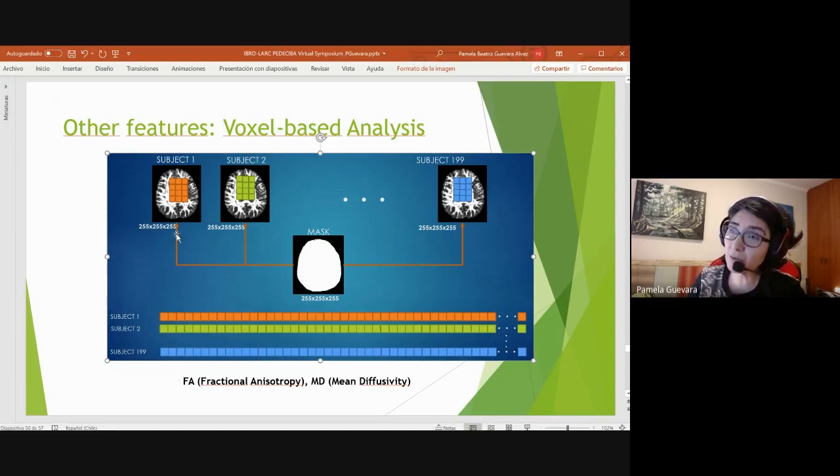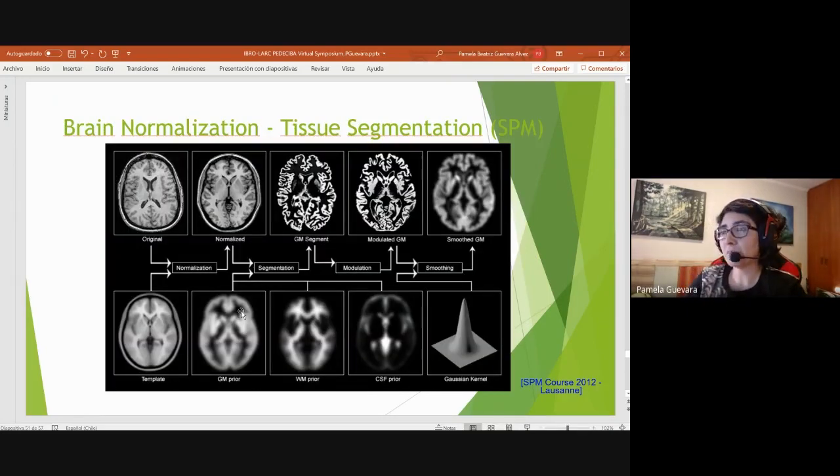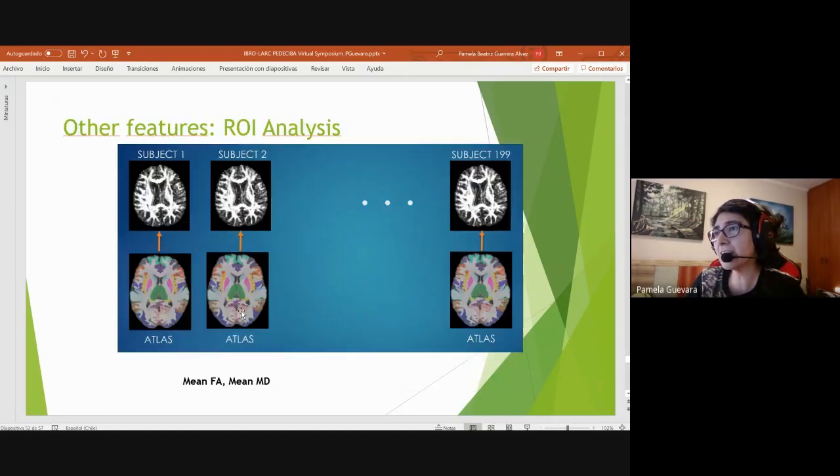You will find differences between the subjects that have Alzheimer's disease and the controls, and the classifier is able to identify the voxels that are very informative for the discrimination between the two populations. For that, of course, you need to do all the pre-processing to perform the voxel-based analysis. Also, you could use ROI analysis to extract mean FA or mean MD, etc.